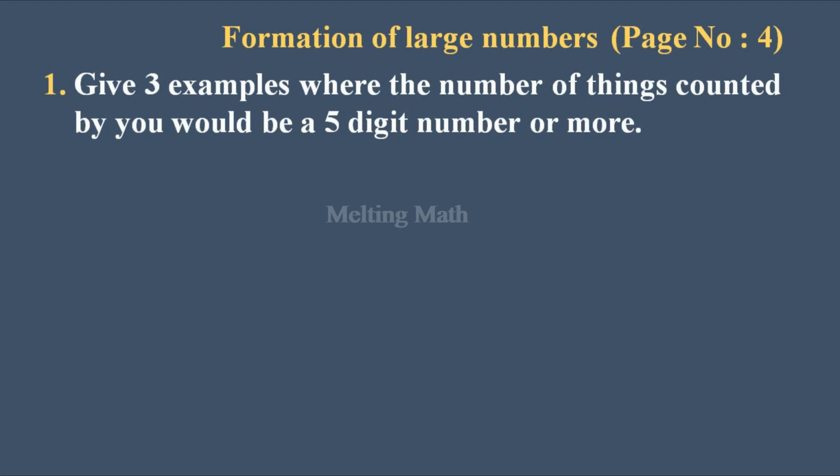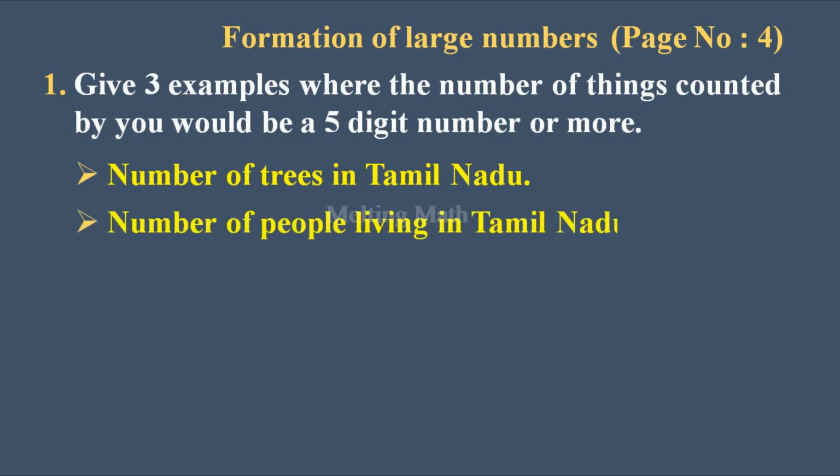I'm going to write the first example as the number of trees in Tamil Nadu. Definitely in Tamil Nadu there are so many trees, so that crosses the 5-digit number. Next, another example is the number of people living in Tamil Nadu. As of the 2011 population, Tamil Nadu has a population of nearly 7 crore.